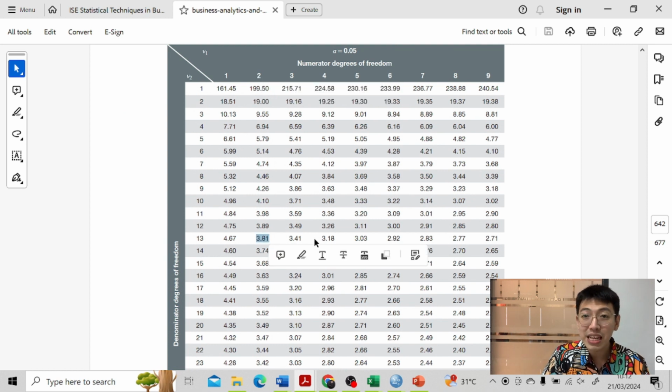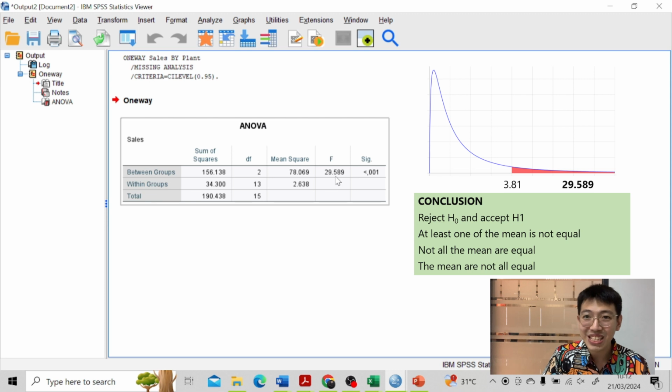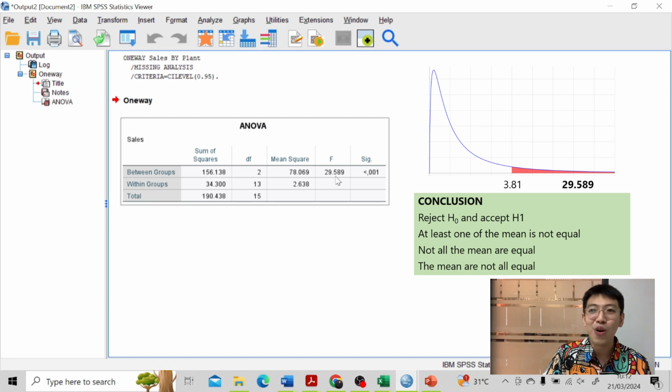So the F critical is 3.81. The F calculation here is 29 something, right? So it is more than the F critical. So the conclusion is reject H0 and accept H1. We can say that at least one of the means is not equal. Or in other words, I can say that the means are not all equal.